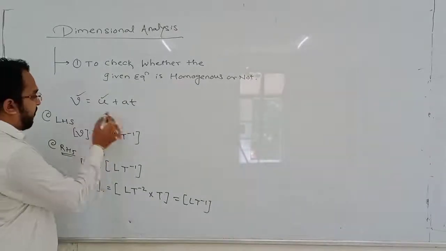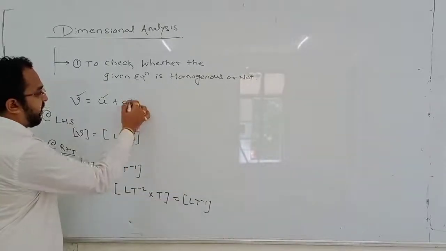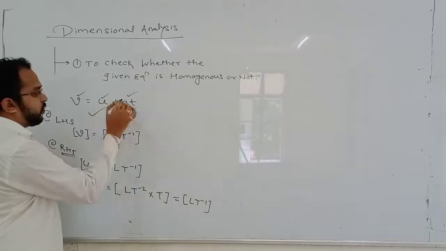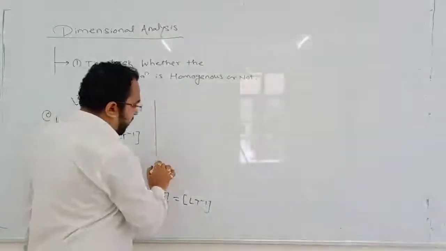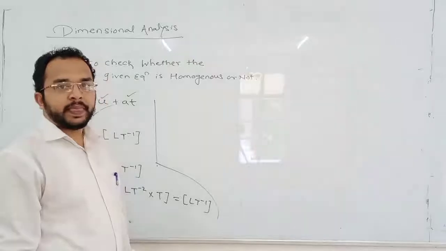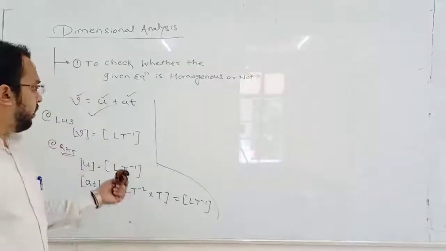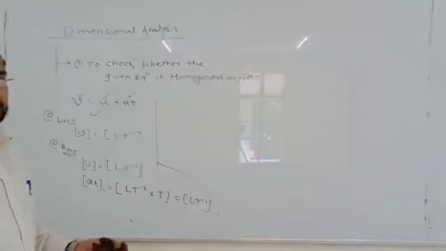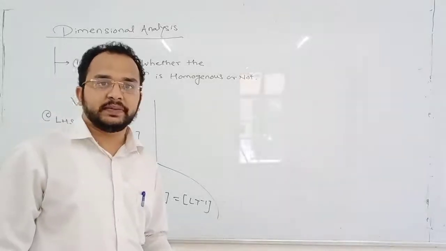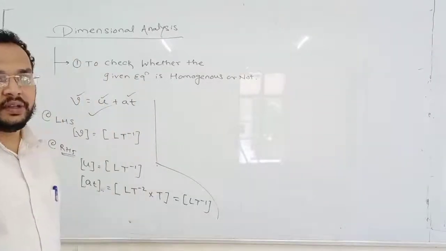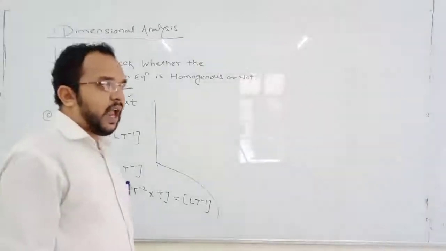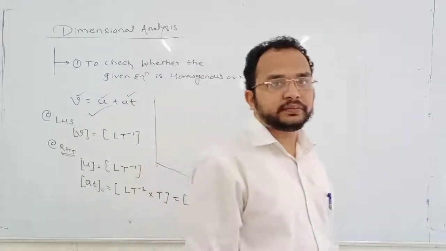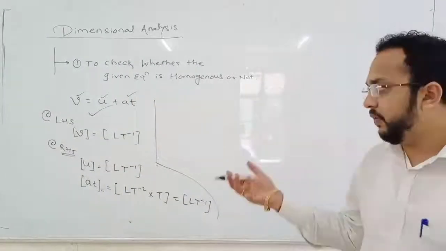Here LT^-1, here LT^-1, here LT^-1. So this equation is homogeneous. This was an easy equation for you because you have studied it in 9th class, that's why I have taken this equation. And in fact, it is actually homogeneous and correct.